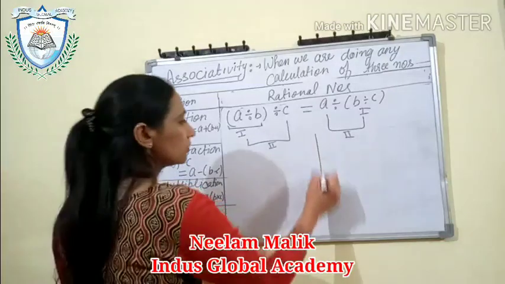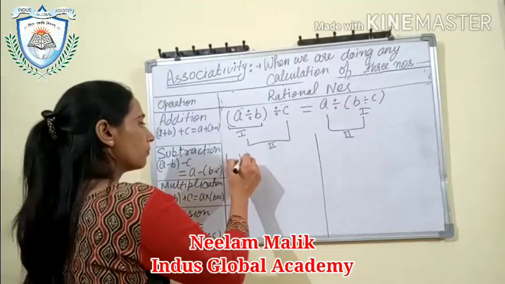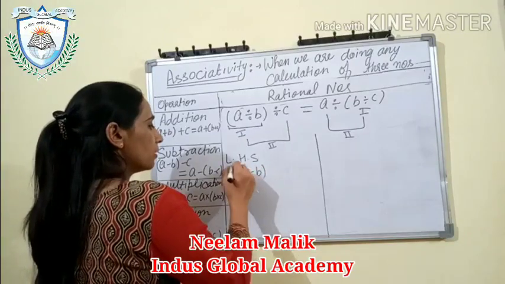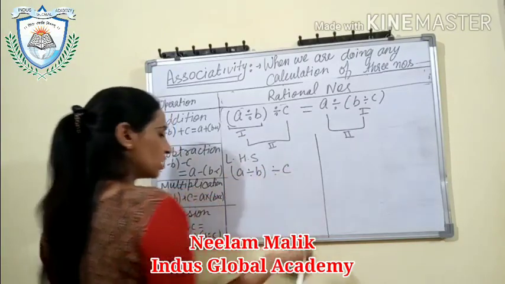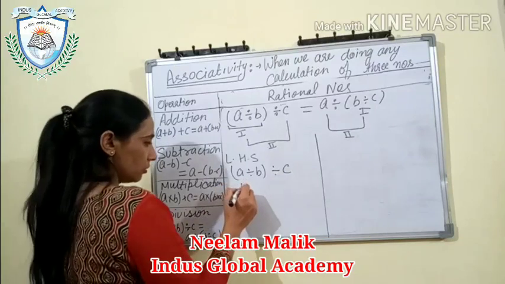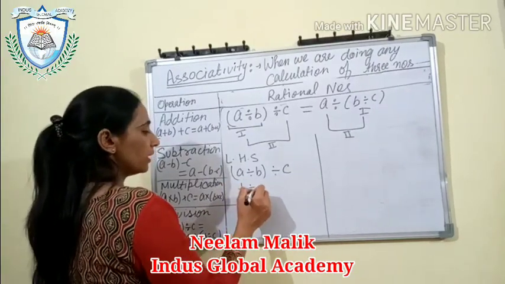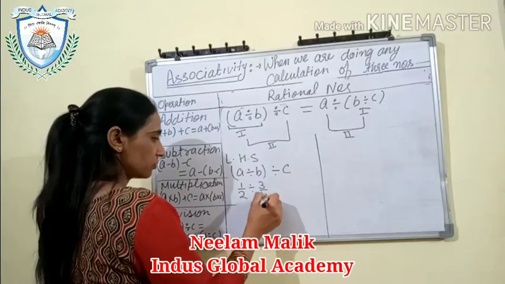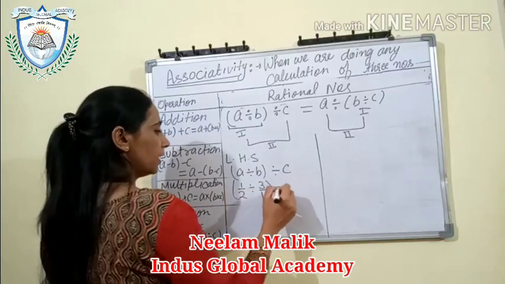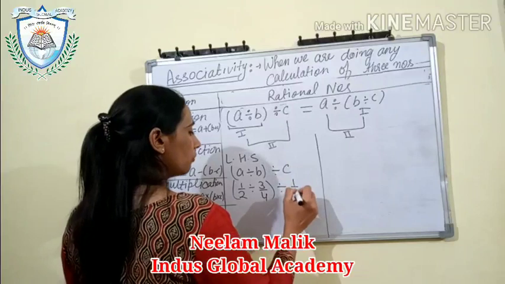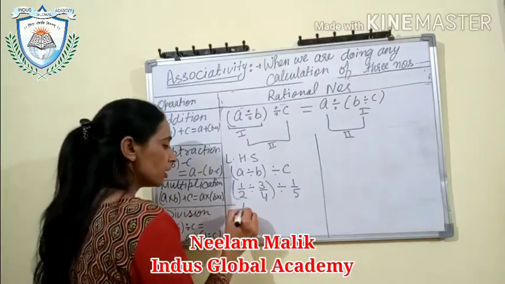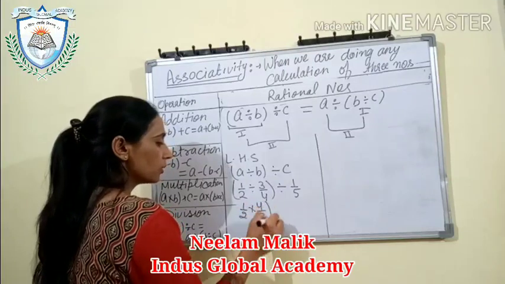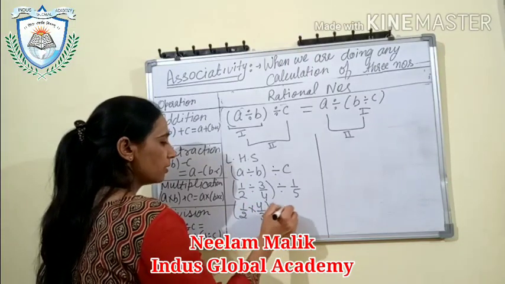So let's do this. Left hand side, what is that? A divided by B divided by C. So let us take any number. Suppose I am having 1 upon 2 divided 3 upon 2, okay, change this, 4 and divided 1 upon 5. First solve this. 1 upon 2, it will be changed, that will be reciprocal, divided by 1 upon 5.